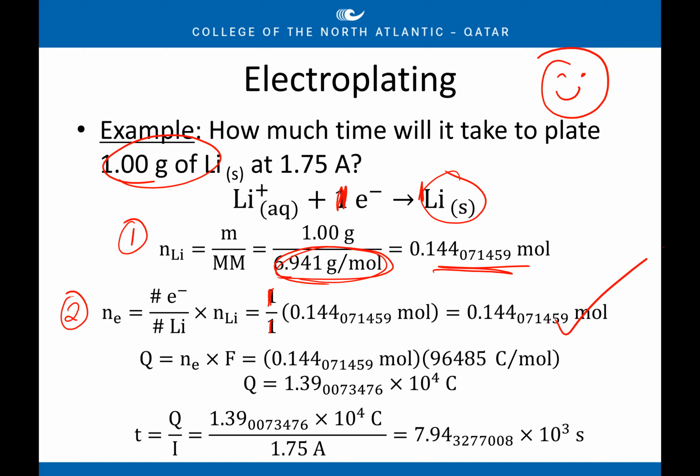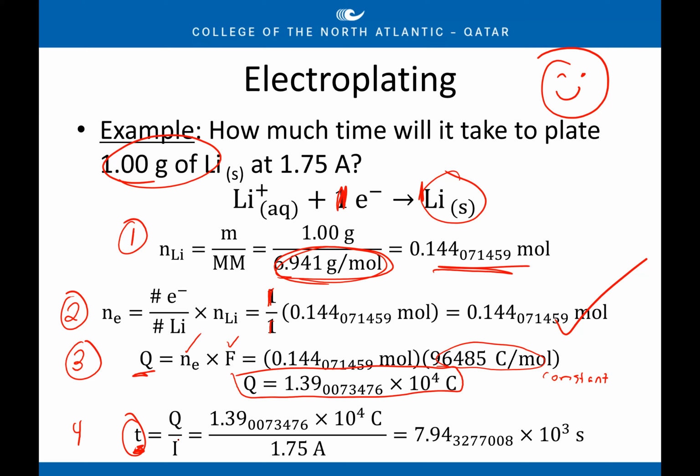But now I want to find Q so that I can find time. Well, if you know your moles of electrons, and of course you know Faraday's constant, remember this is a constant, you can multiply them together to get Q. And then the last step, find time.